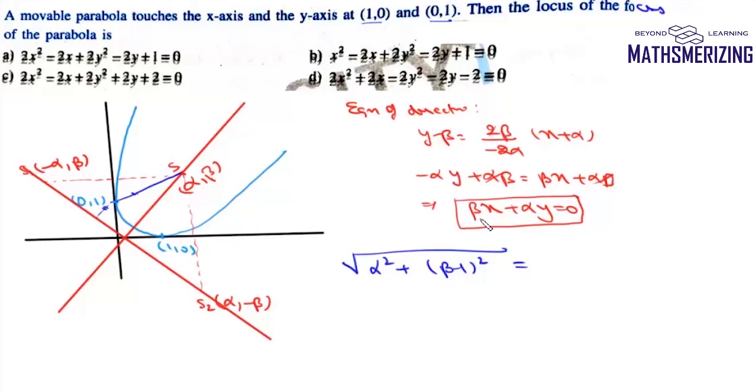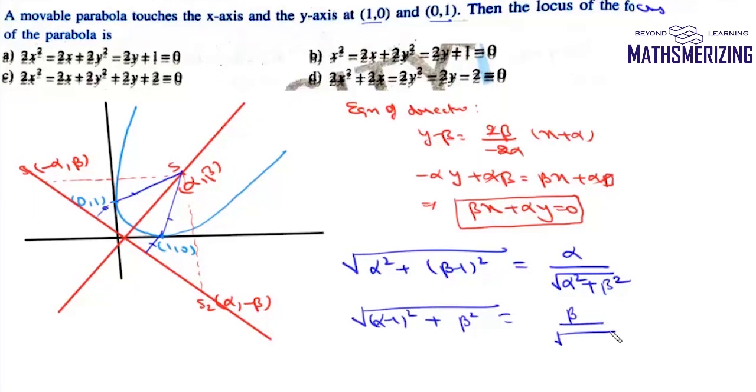So taking the distance from (0, 1), we get alpha upon under root of alpha square plus beta square. In the same way, for the point (1, 0), we get under root of (alpha minus 1) whole square plus beta square, and this should be beta upon under root of alpha square plus beta square.